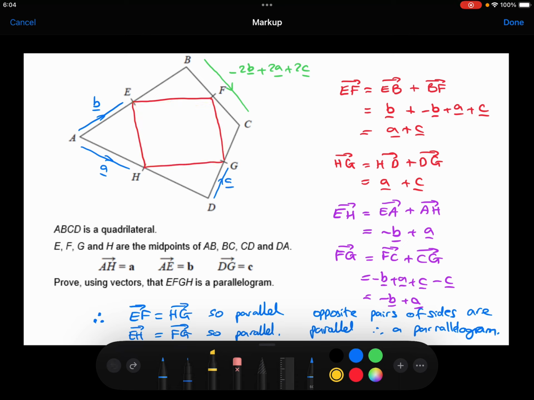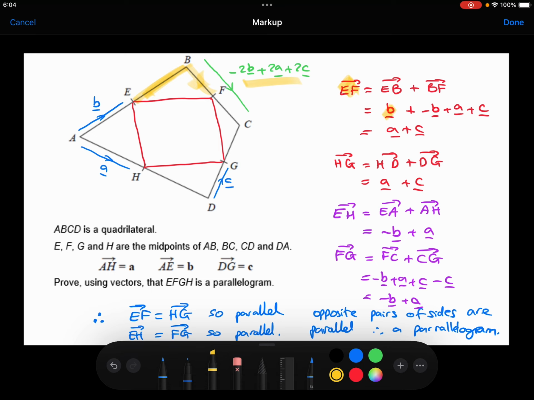So I've started off with EF, and I've said that EF is the same thing as E to B plus B to F. The E to B is just vector B. The B to F is half of the B to C that I just worked out a moment ago.